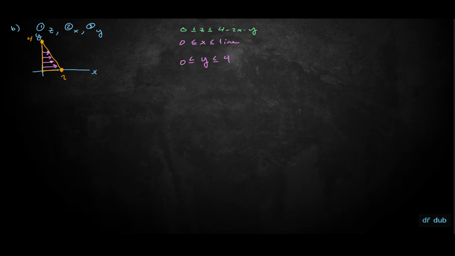So what was that line equation? Well, we already said it was y equals negative 2x plus 4. So if I solve that for x instead, we could say that's x equals (4 minus y) over 2. So I'm going to replace that line with 2 minus y over 2.